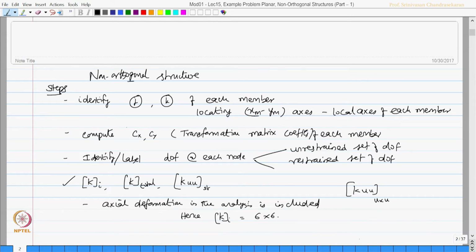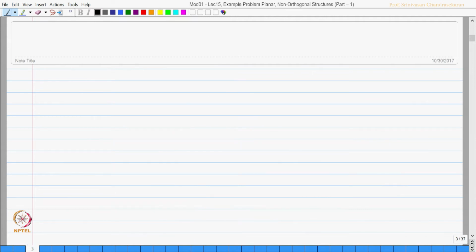Okay. So, the next step is to estimate the stiffness matrix of each member. We already have this equation with us, derived in the last set of lectures. We know this is going to be a 6 by 6 matrix. We already have a fixed beam as our basic module.